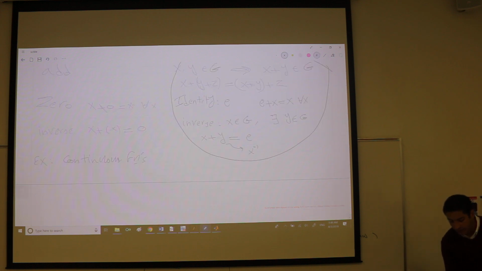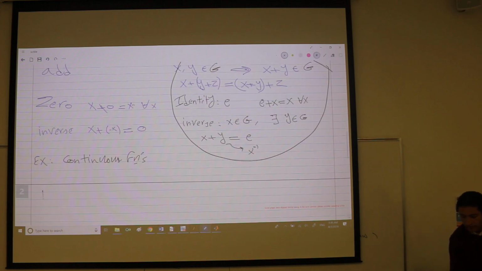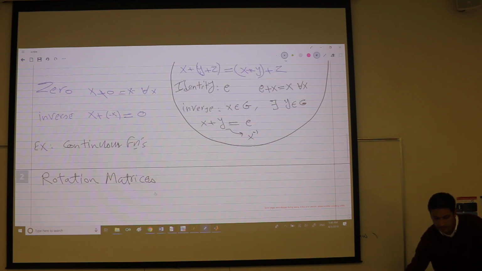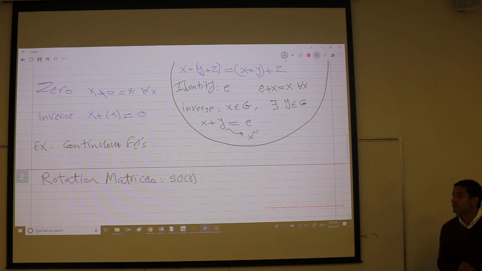So, for example, the rotation matrices. If you remember, guys, we should give the symbol, right? Like anything in math. So, rotation matrices, we give them the symbol SO3, right? So for rotation matrices R1 and R2 in SO3, R1 plus R2 is not a rotation matrix, right?